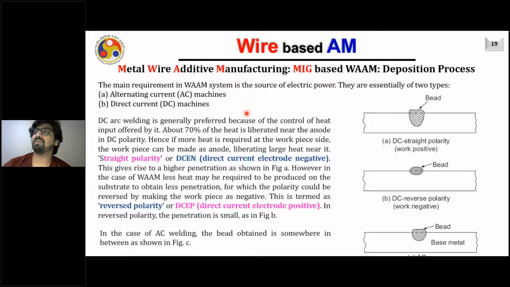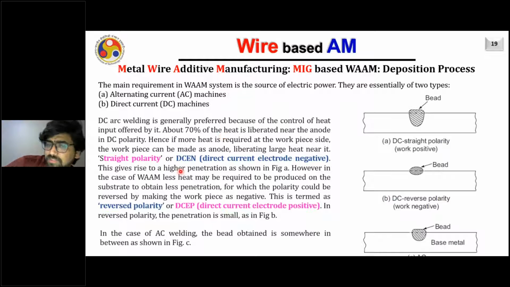And the anode we usually make the wire, right? And why 70%, why is more heat typically generated towards the anode? Because the electron travels from cathode to anode, and when they strike, they generate the energy. From negative to positive the electrons travel, that is why more energy is generated on the positive side. We need to remember that.